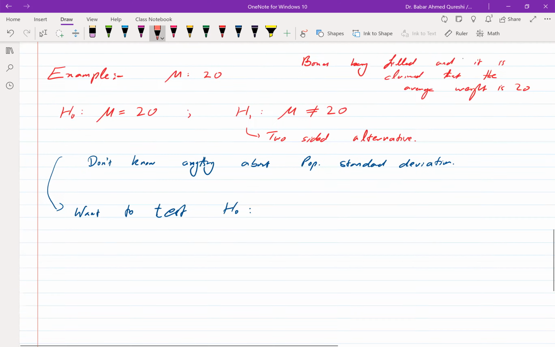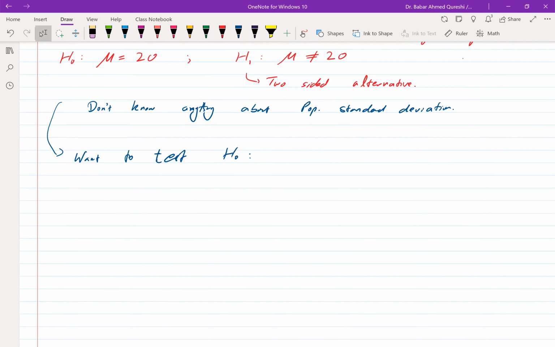Well, you can pick a sample. Suppose a sample of size n equal to 9 was picked. So 9 boxes were picked, and these are the numbers you got.